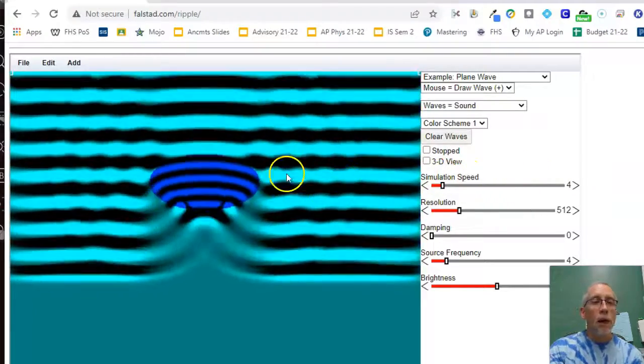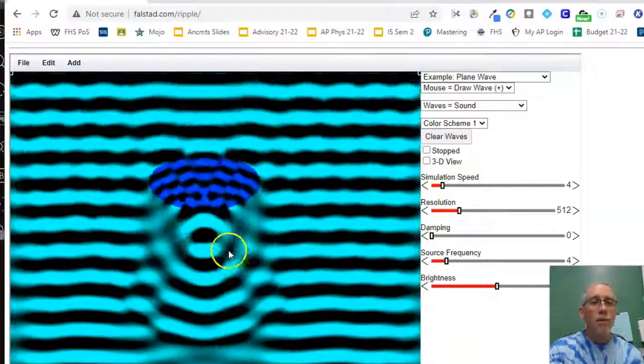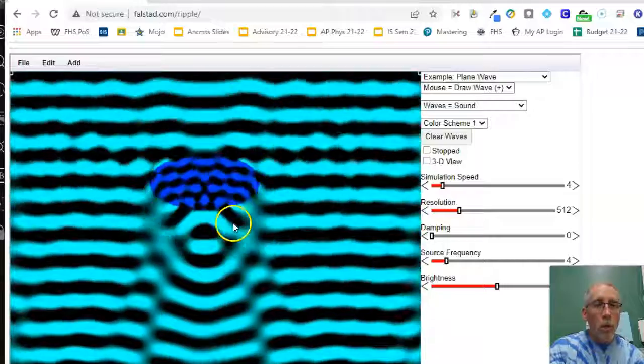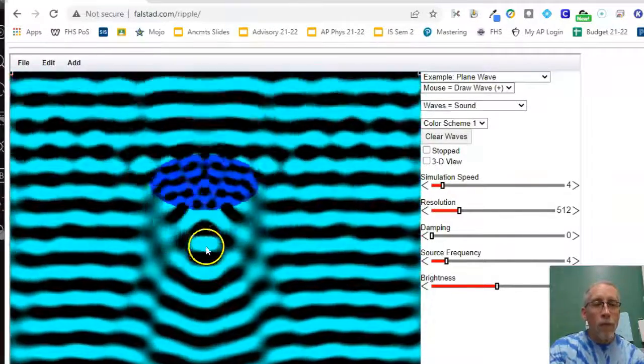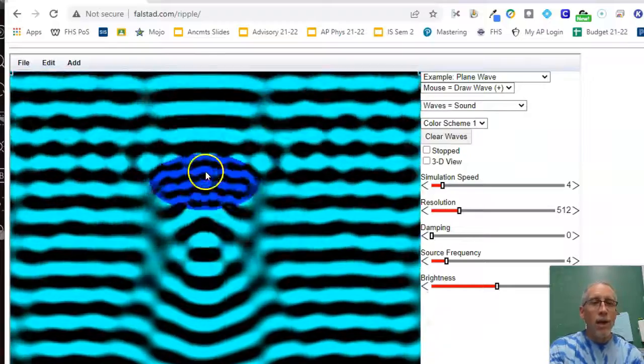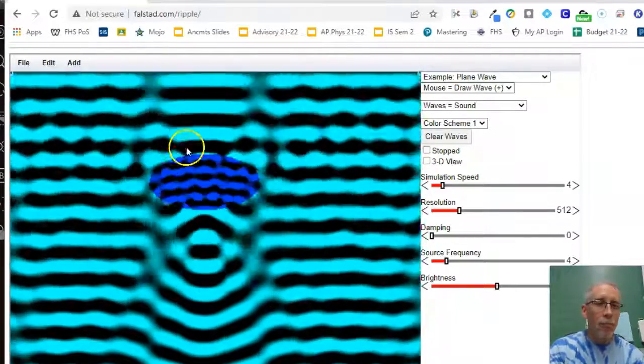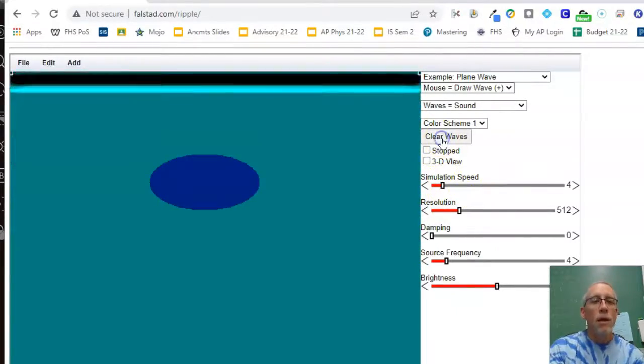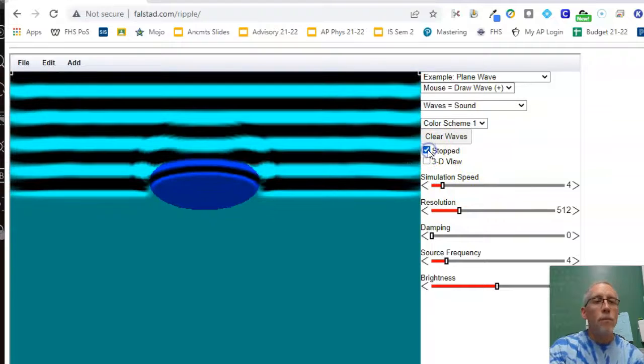Still see a bending effect, but you see how it bends differently now. And all these waves, as they come out, they focus. See where my mouse is pointing right now? They focus right there. Now, again, we're getting a mess of reflections and interference going on here. So I'm going to keep clearing the waves so you can kind of see. All right, here's again, a little reflection going on.